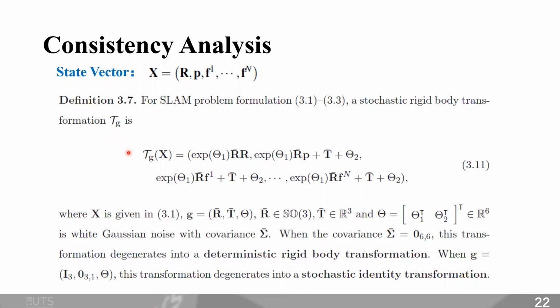Actually, standard EKF and right invariant EKF are both invariant under the deterministic rigid body transformation, but standard EKF, SO3-EKF, is not invariant under the stochastic identity transformation. This will cause some problems.